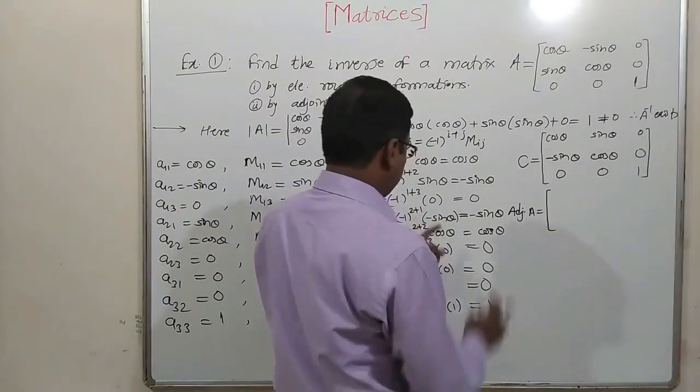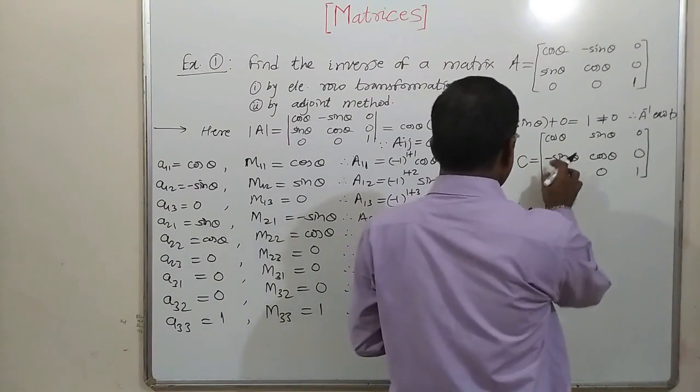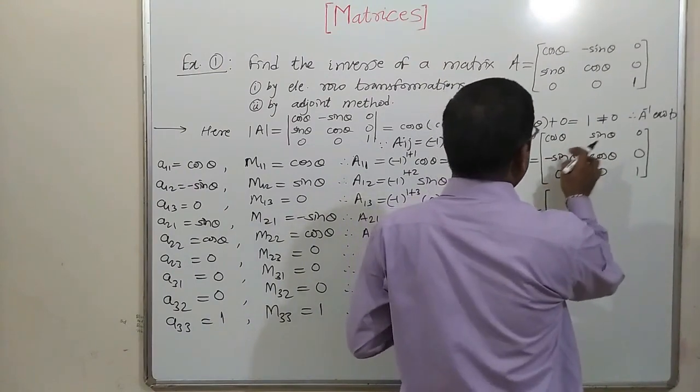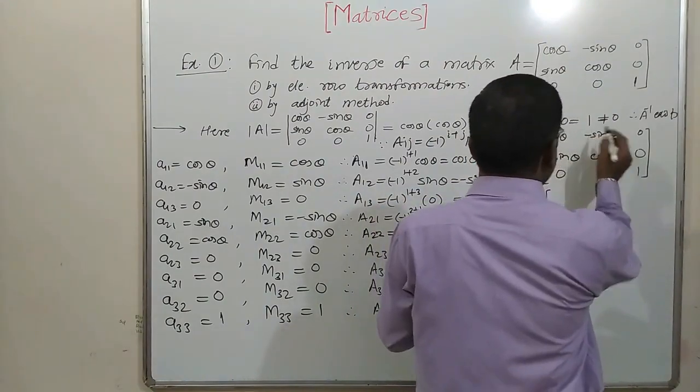This minus 1 plus minus, this becomes positive. So A21 is positive. A21 is positive and A12 is negative.